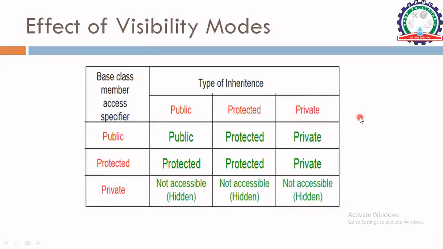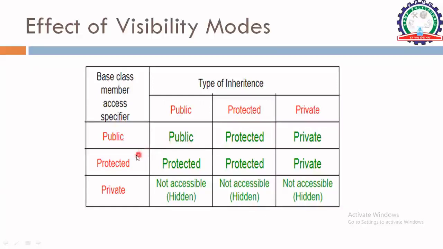Now we will see, whenever we have our members defined publicly in our base class, and we are trying to derive a new class from the base class publicly, then public members of the class will remain public in the new class. That means those members which are declared in the public section of a base class will remain in the public section of a derived class.